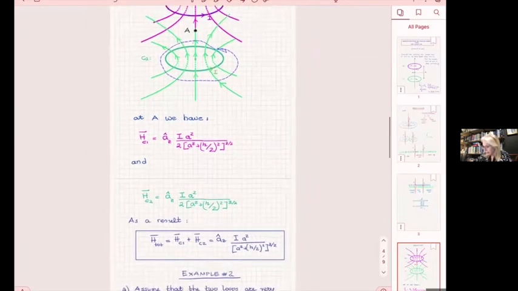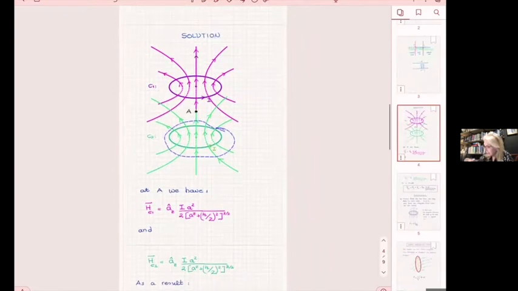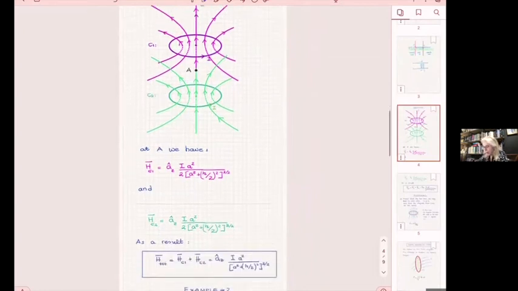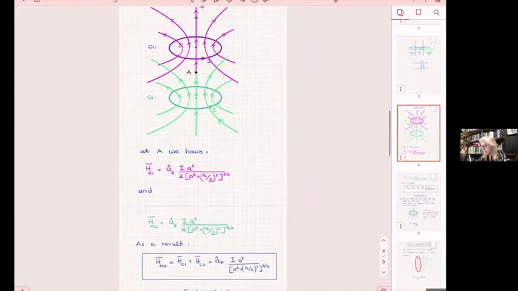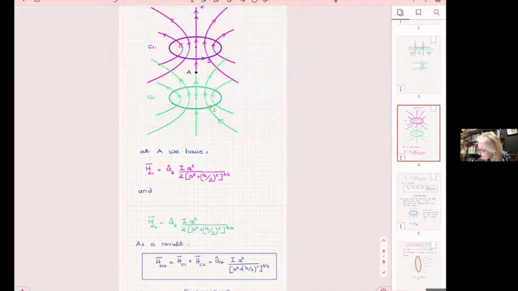And if you want to write the magnetic fields somewhere along the z-axis, in this particular case, the z-axis was here, then you write the two magnetic fields, from one and from the other. You pay attention to the direction of the two fields. You will never sum up anything which is a vector without knowing the direction.